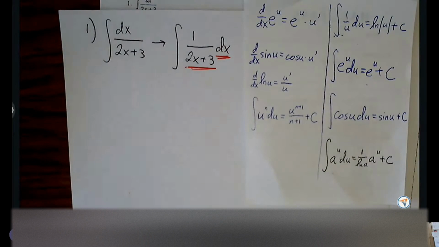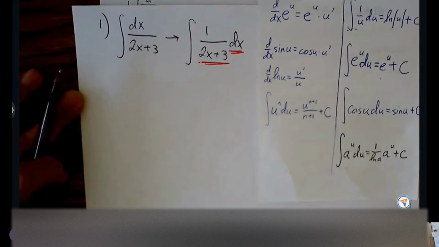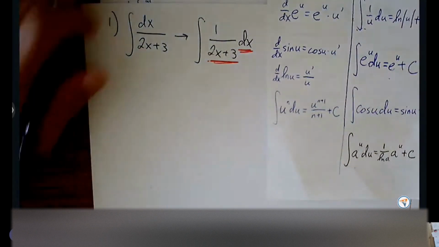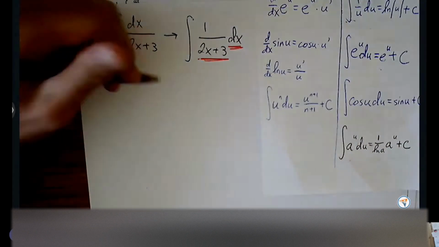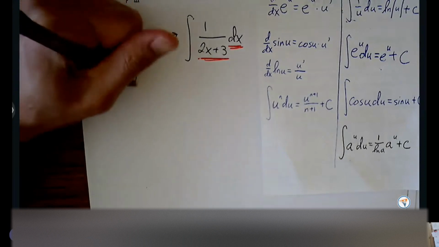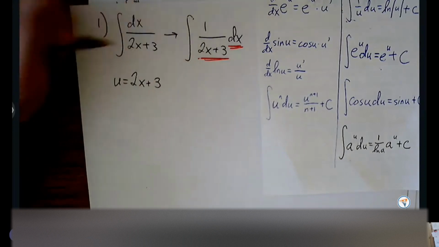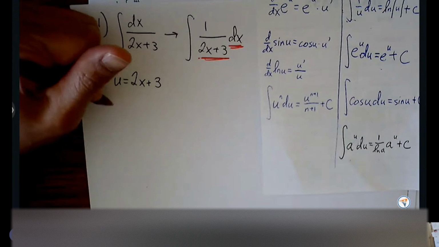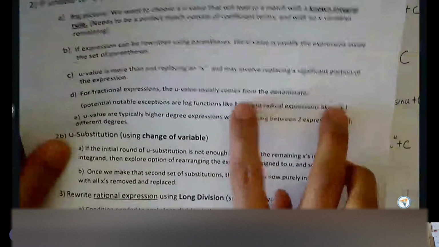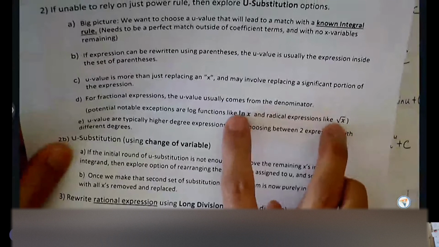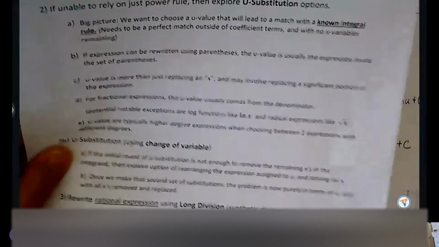Several guidelines on this checklist: the denominator is a good place to look for your u value, especially if you don't see a set of parentheses. But it does come with some exceptions. Natural log and square root of x are sometimes the appropriate u values, and sometimes they are located in the numerator.